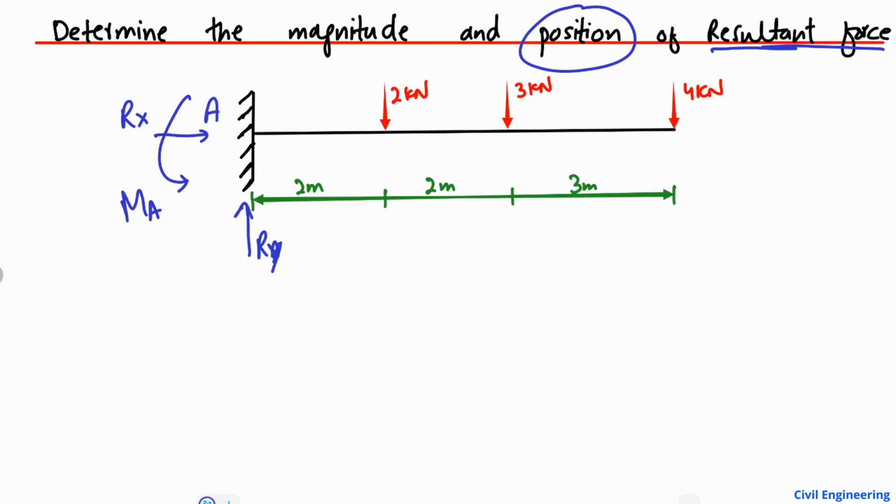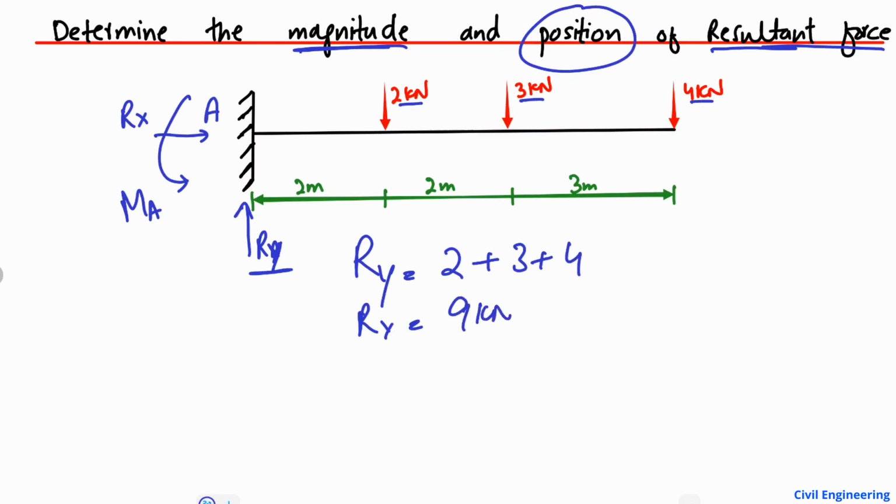Now to find out the magnitude of the resultant force, we just have to add all the loads acting on the beam, 2, 3 kilonewton and 4 kilonewton. So this Ry will be equal to all the loads acting on the beam, which is 2 kilonewton plus 3 kilonewton plus 4 kilonewton. So Ry comes out to be, if we add this, 9 kilonewton.